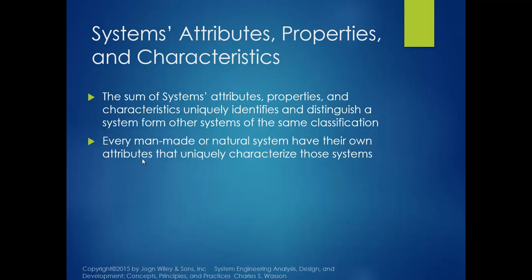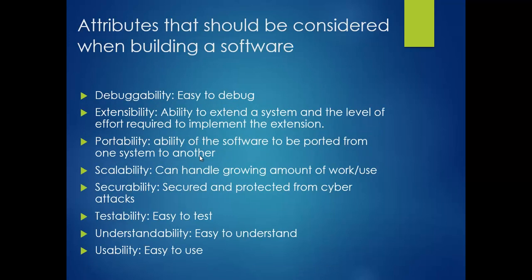And if you look at what I said here, you can see that uniquely characterize, which means, at the end, we can consider that those attributes and properties and characteristics all characterize its characteristics, basically characteristics. But we would like always to separate them for the sake of understanding that system and how it works.